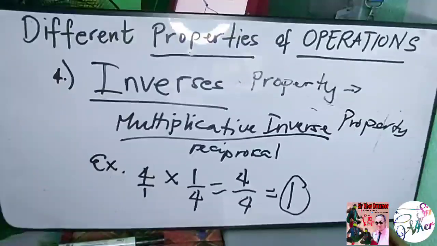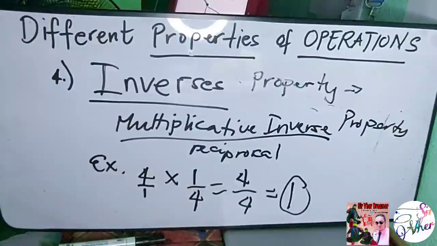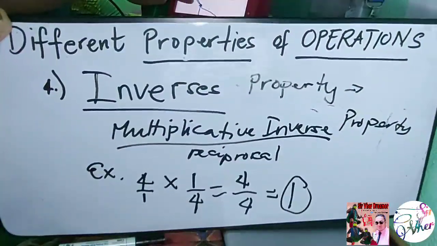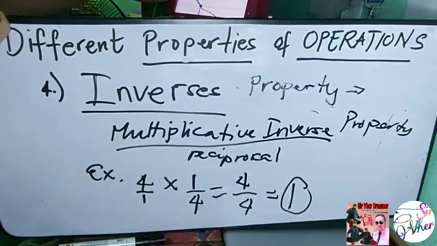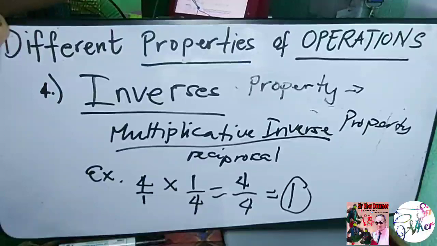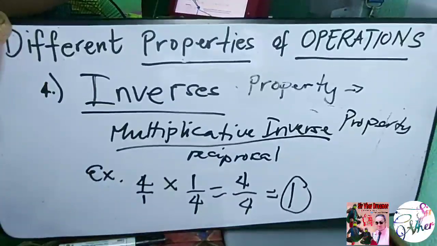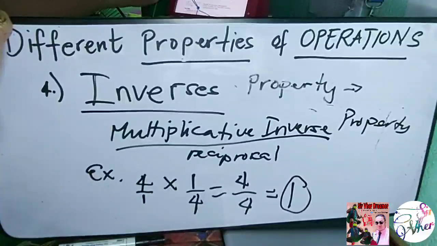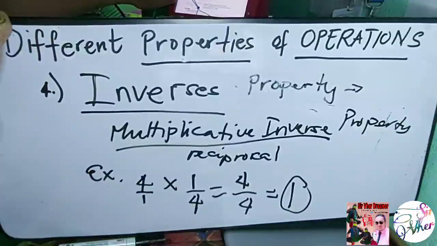The rules for the order of operation on integers are the same as those for whole numbers. You are going to apply always PEMDAS.